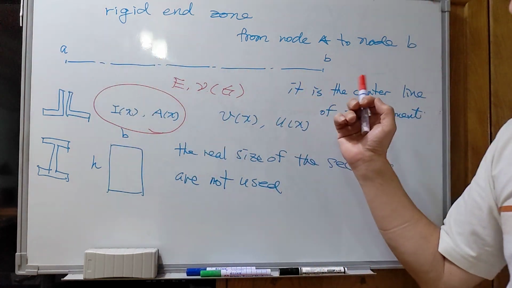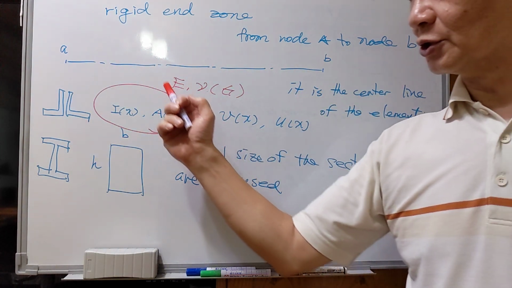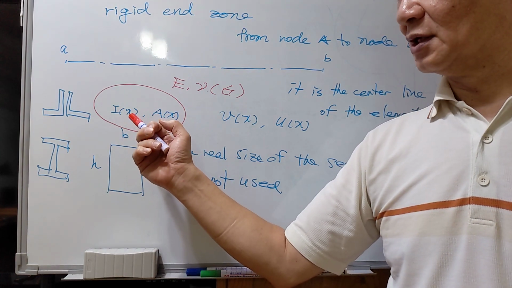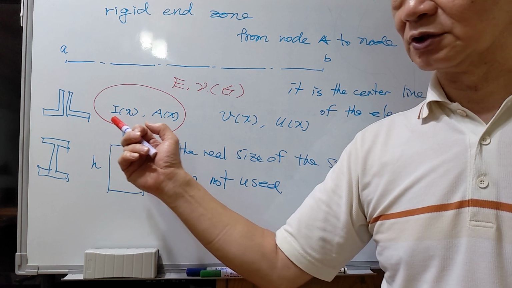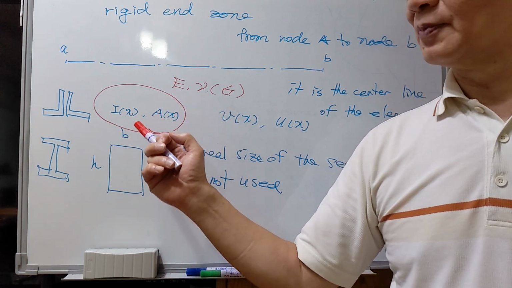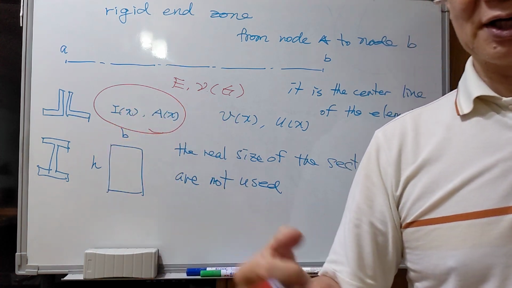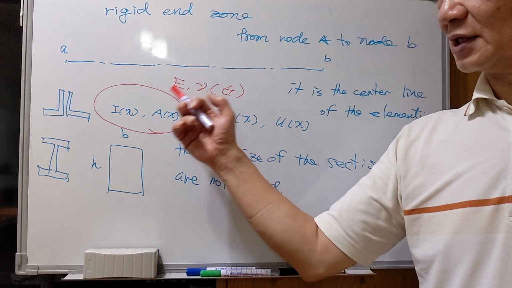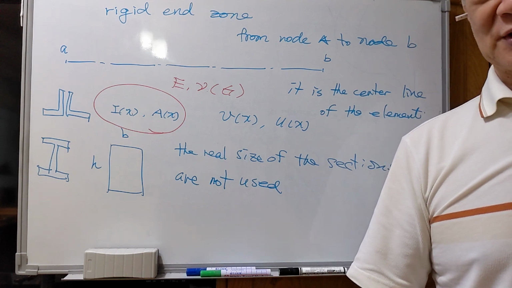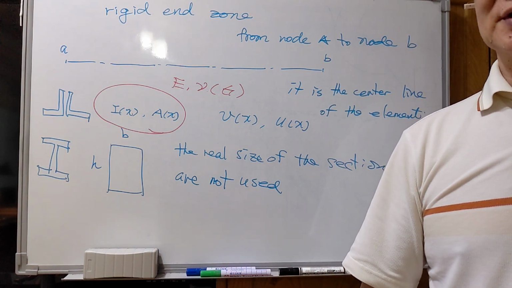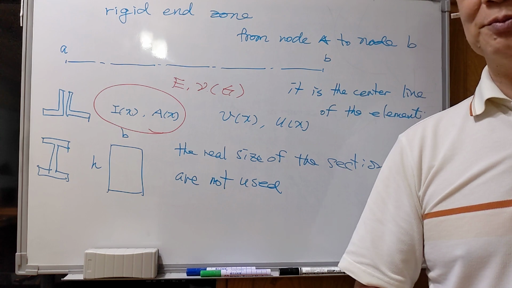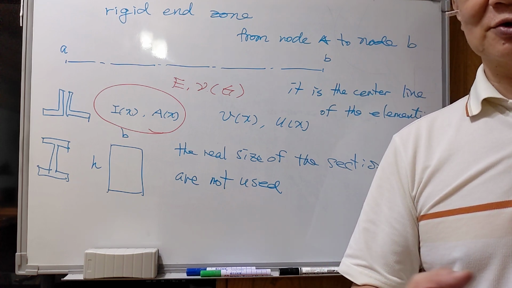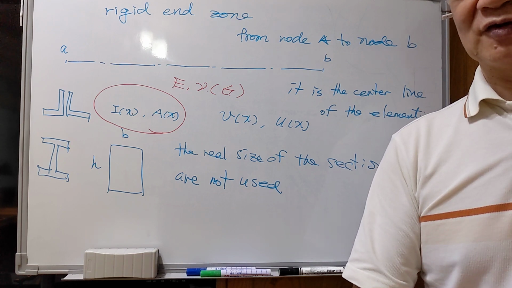The locations of the center line, and also the related sectional properties, especially the moment of inertia and the sectional area. The first one is related to the flexure stiffness. The second one is related to the axial stiffness. Sometimes we need to input the shear area, and the shear area is related to the shear stiffness.